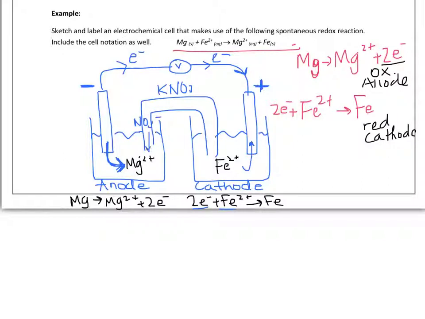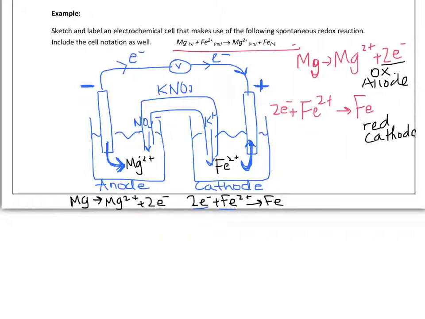That's what's going to come down into solution there, so I can send in some negatives to counteract the positives. In the cathode, I'm losing positive, so this entire solution is becoming more negative. So the K+ ion is going to come down here into solution to maintain the neutrality. That's always going to be the case, so I'm going to label that as blue as well, because you can always put that in no matter what example I give you.